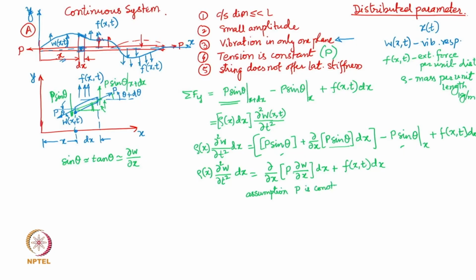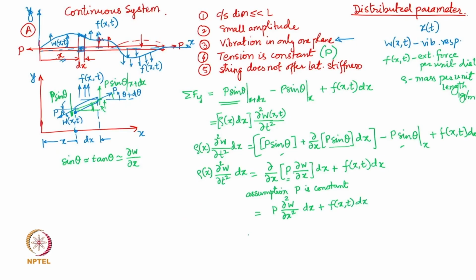It's not going to change with the distance or position x, and therefore you can take the pulling force, the tension in the string, out of this particular derivative, and then I can write this as p partial squared w by partial x squared dx plus f of x comma t dx, and the left hand side remains the same.